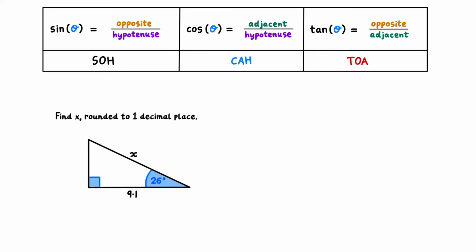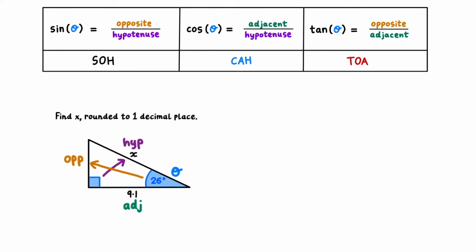In our second example, we have a right-angle triangle which contains an angle of 26 degrees. The hypotenuse is labelled x, the opposite is not labelled at all, and the adjacent is labelled as 9.1.